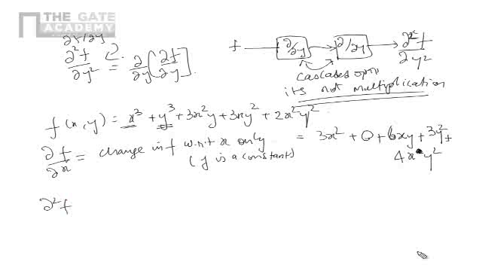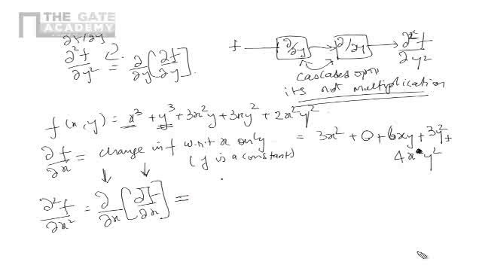So from this, what is ∂²f/∂x²? It is nothing but ∂/∂x of ∂f/∂x. Remember, it's not multiplication, it's back to back operation. So I take the result of ∂f/∂x and apply another derivative there. I do the operation once again.